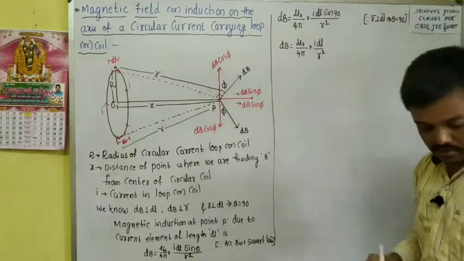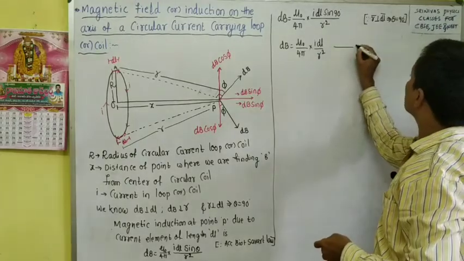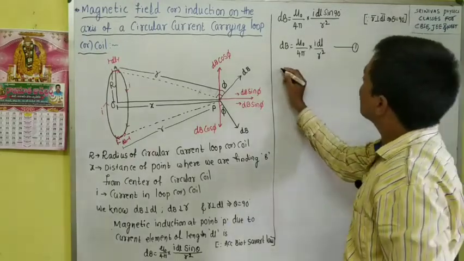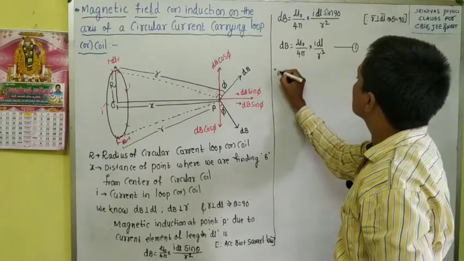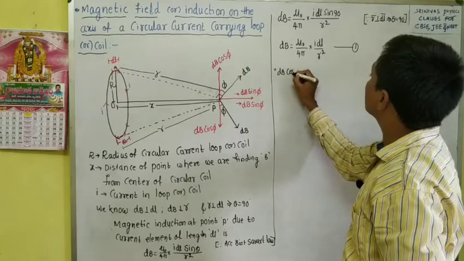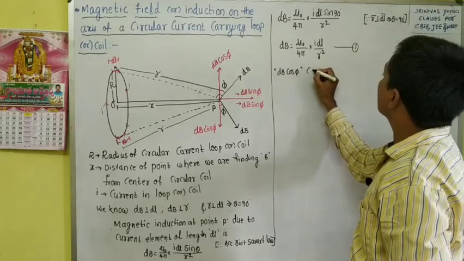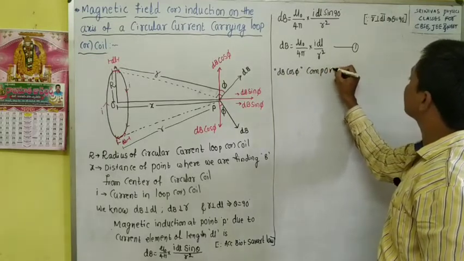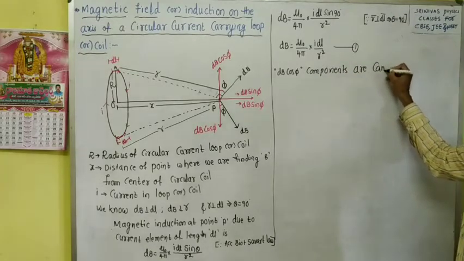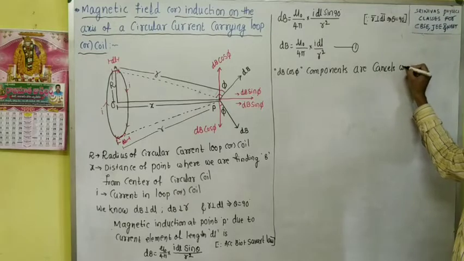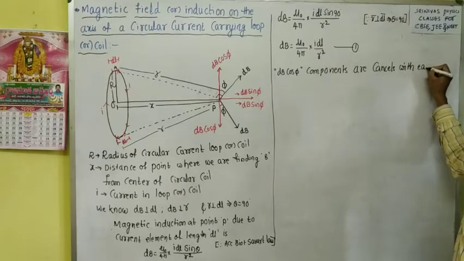This is equation 1. And the dB cos phi components cancel with each other.